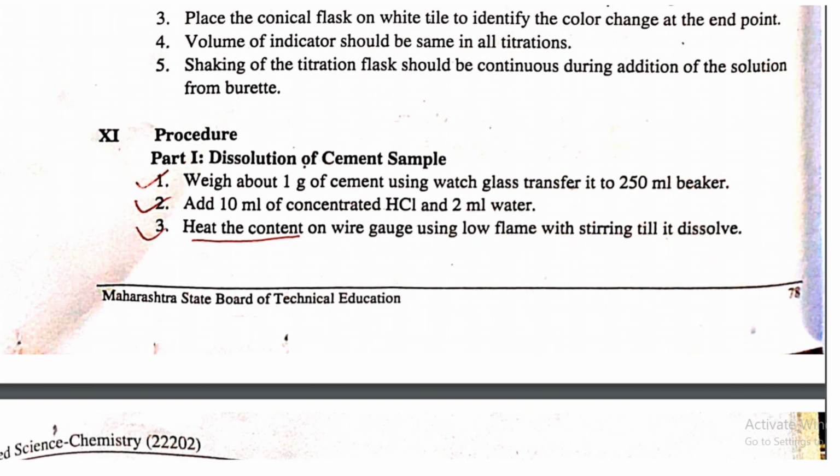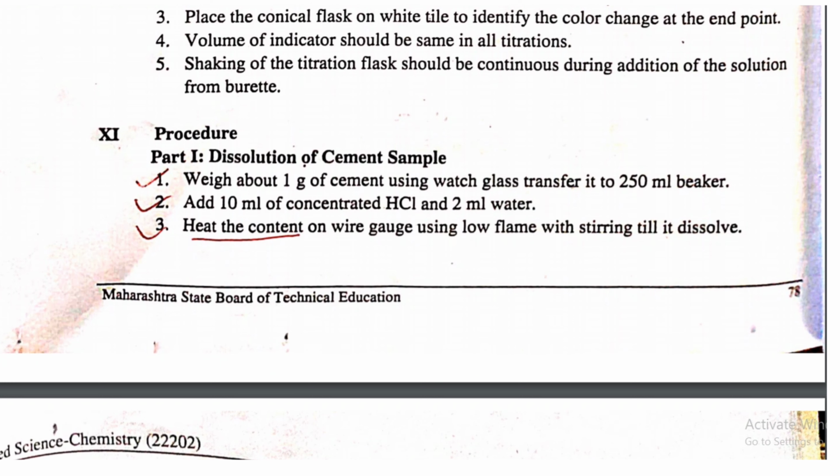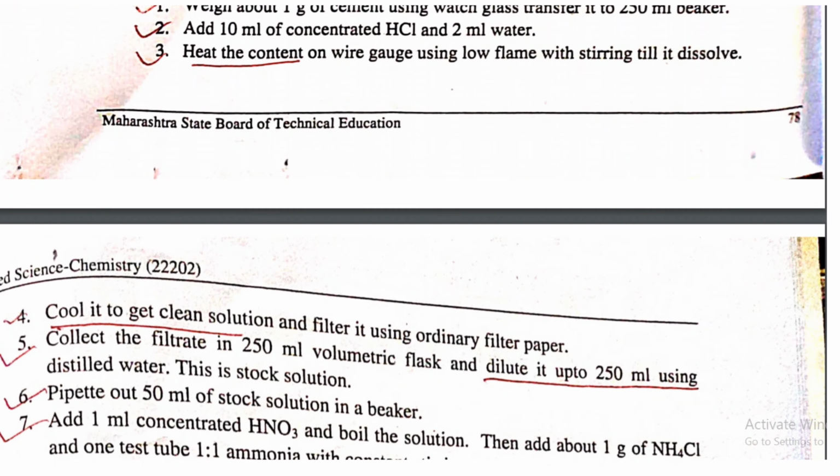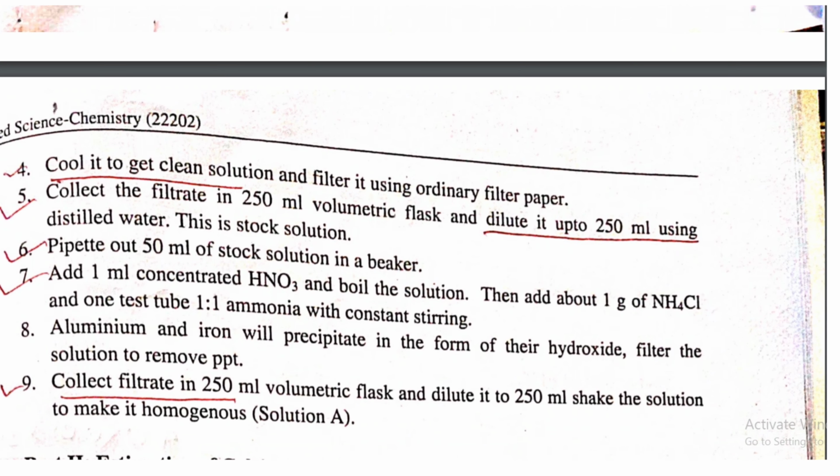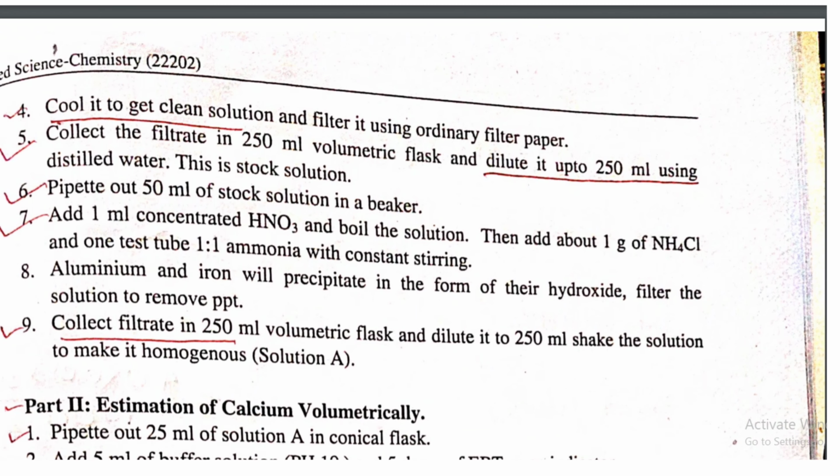Procedure for part first: first weigh 1 gram of cement, then add 10 ml concentrated HCl to that cement, then heat the content. After heating, cool the content, then dilute it up to 250 ml.